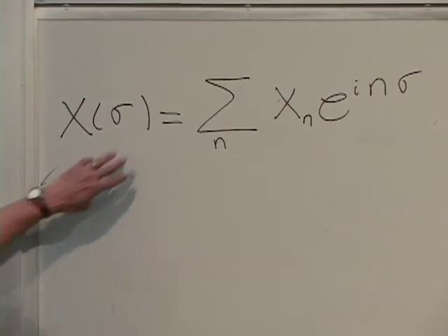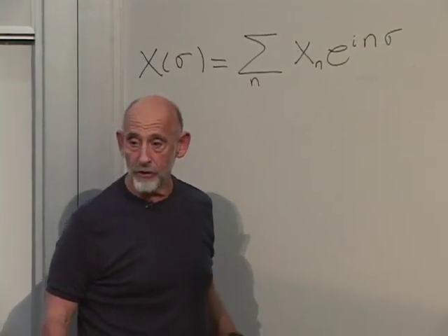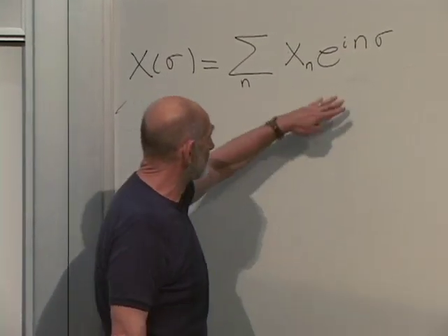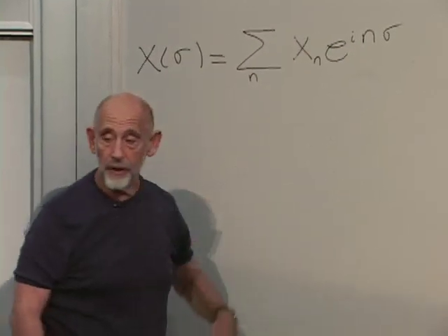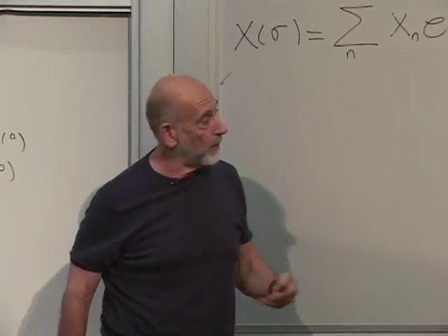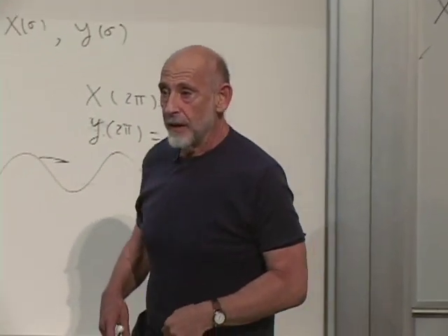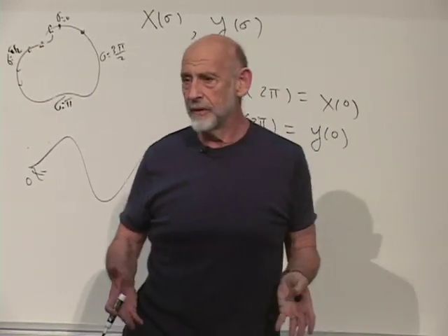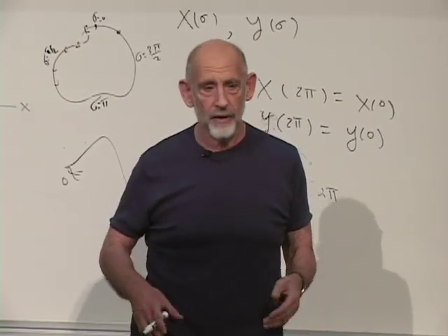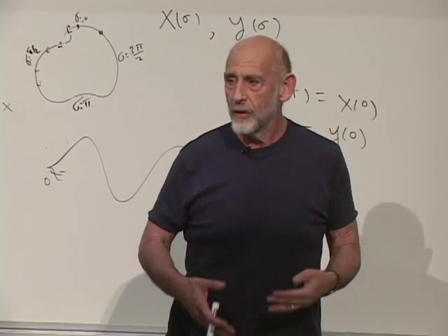Okay, let's just check this. Does this really have the property that it comes back to itself when sigma goes from 0 to 2 pi? When sigma is 0, e to the i n sigma is 1. What about when sigma is 2 pi? e to the i times 2 pi is what? 1. How about e to the twice 2 pi i? 1.